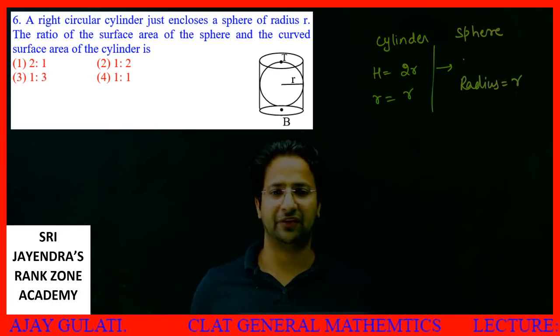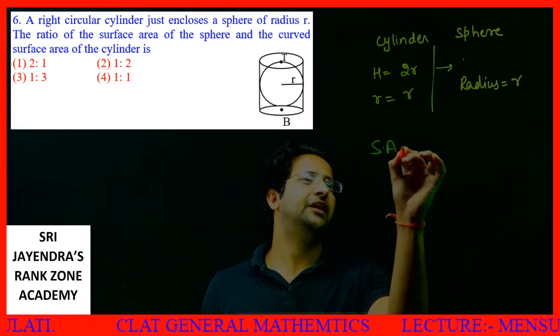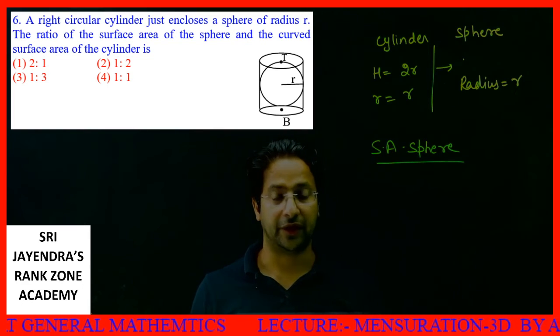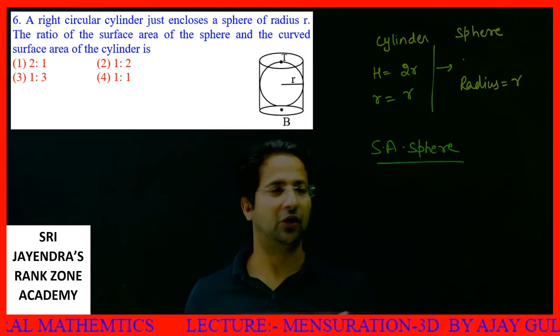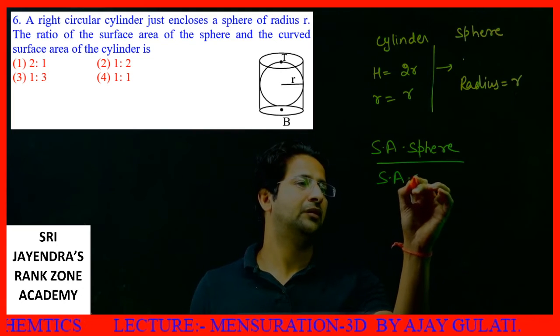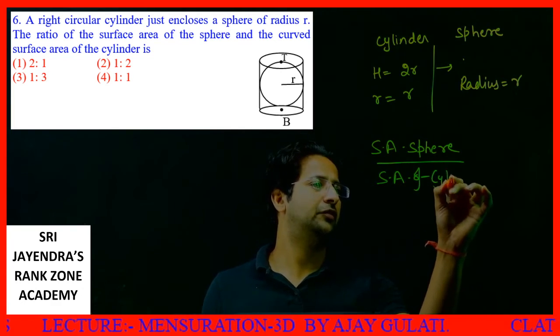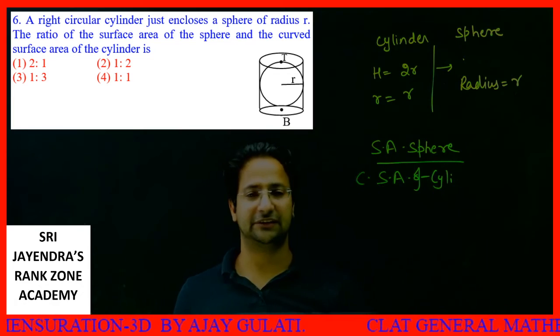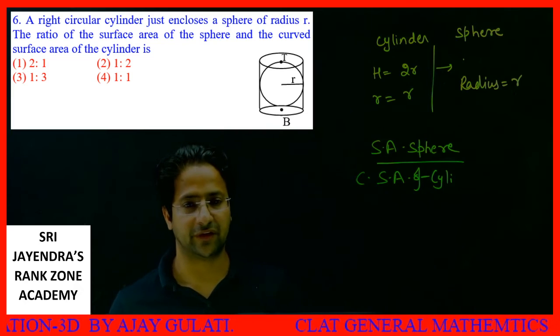The ratio of surface area of sphere divided by the curved surface area of cylinder. CSA means curved surface area of cylinder.